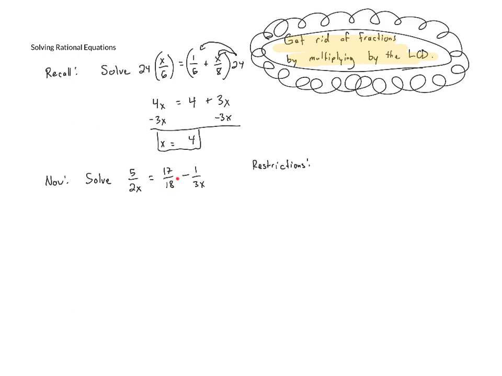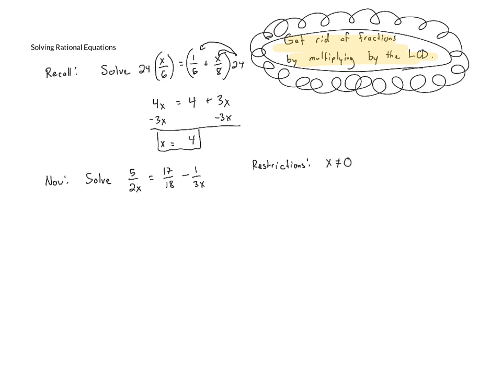Now, in 17/18, this is not a problem, because we know 18 is not 0. But in these other denominators, 2x and 3x, those can be equal to 0, if x is 0. So if x is 0, we've got a problem, because then 3 times 0 is 0, and we've got a 0 in a denominator. We're dividing by 0. So the restriction we have on this problem is that x is not allowed to be 0.